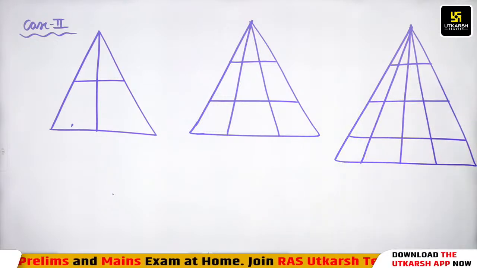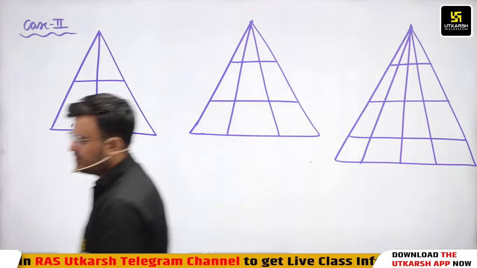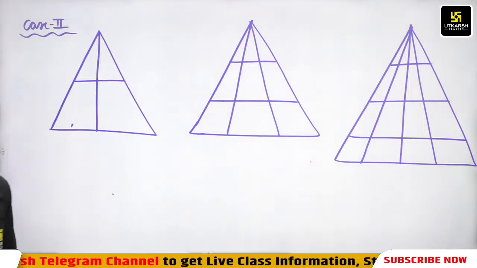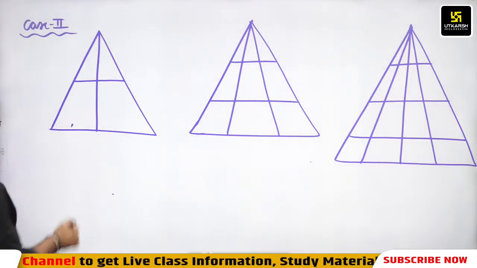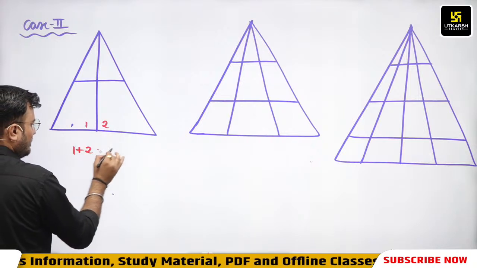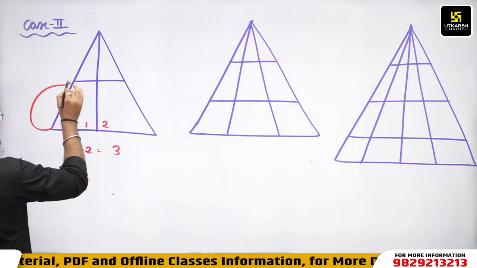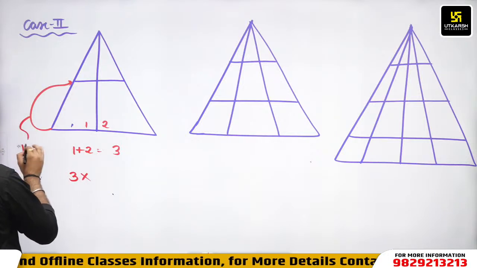Now I am going to tell you the trick required to count the number of triangles in this kind of figure. You need to write the same numbers on the base, 1 plus 2, that will be 3. Now count the number of bases. A total of 2 bases.